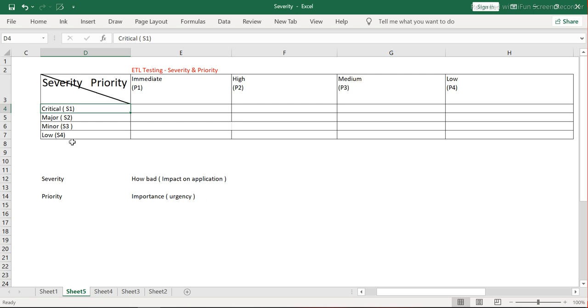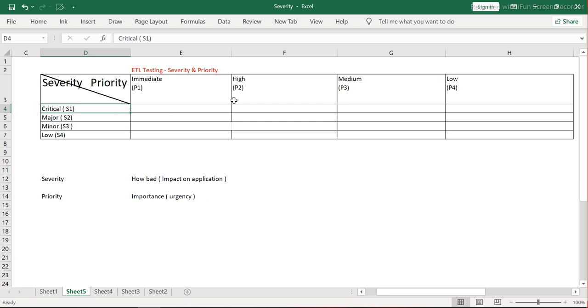Okay. Now guys, the first question that the interviewer will ask you is, what is severity and what is priority? Once you explain what severity and priority are in terms of a bug, then they might ask you to give an example of, let's say, P1 and S1, meaning immediate priority and critical severity.